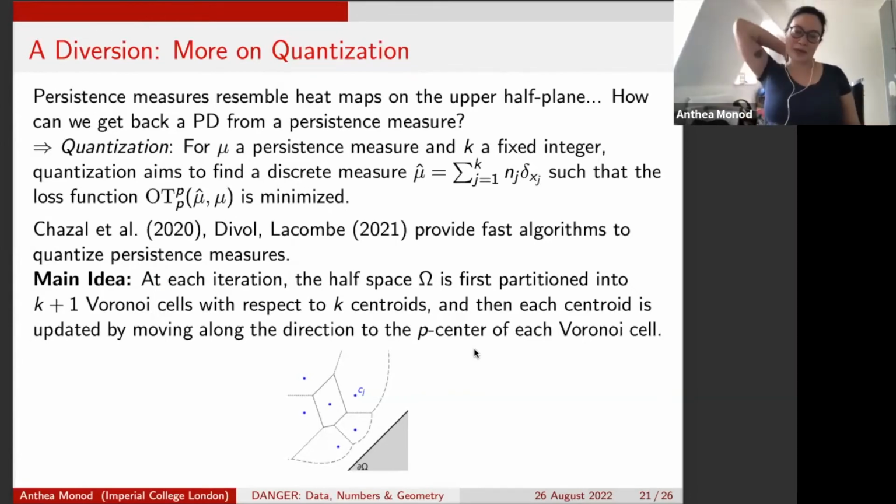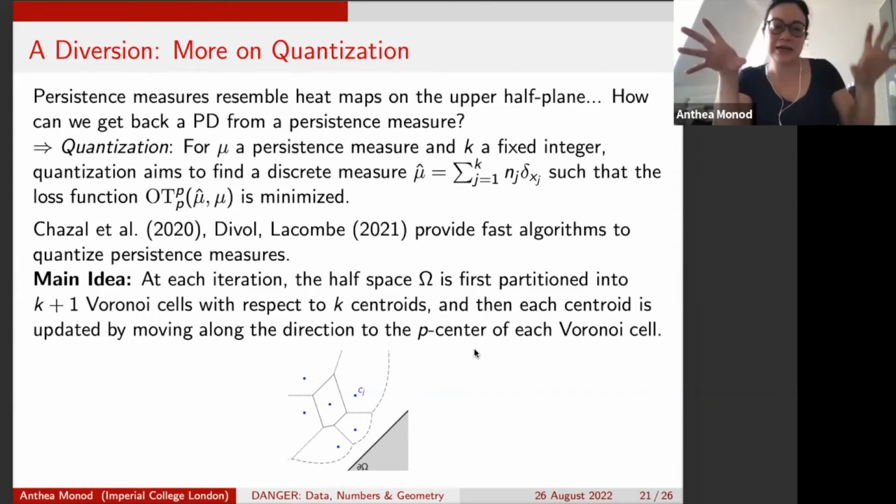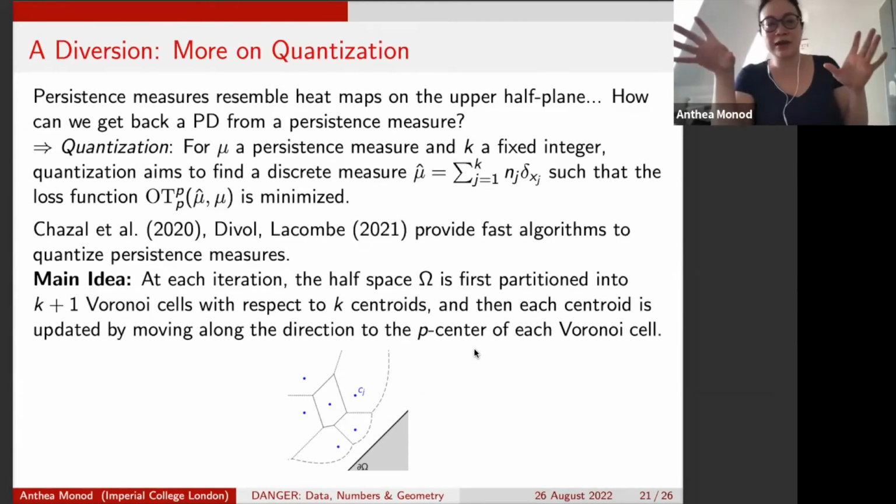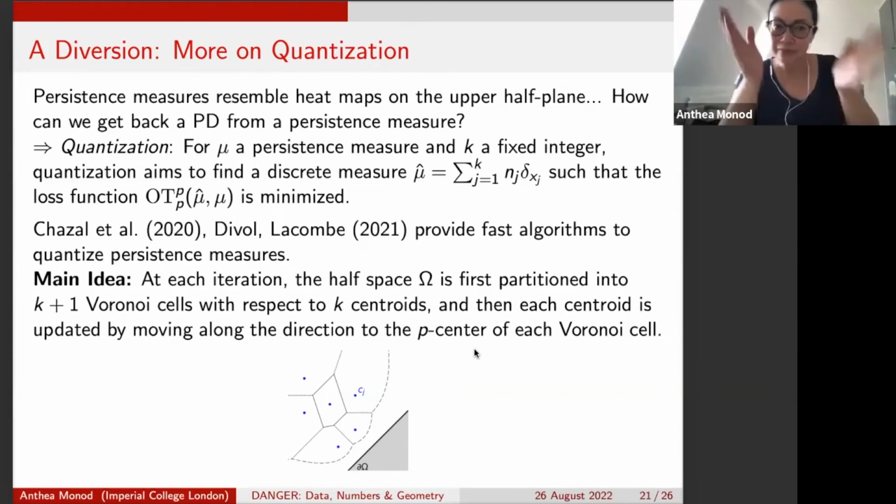Okay, so the one thing that I mentioned before about these persistence measures, which are the only object that we have our theoretical results on, is that they look like these kinds of fuzzy heat maps, right? Because remember, we're looking at Radon measures, and we're not looking at persistence diagrams anymore. Persistence diagrams are a scattering of points where each point has a very well-defined, interpretable meaning.